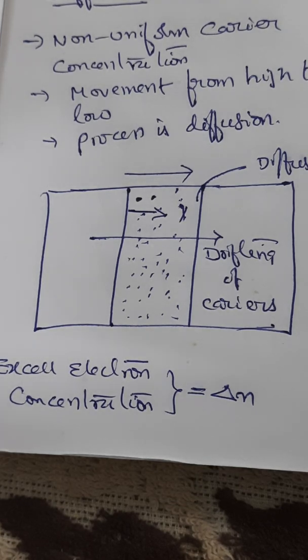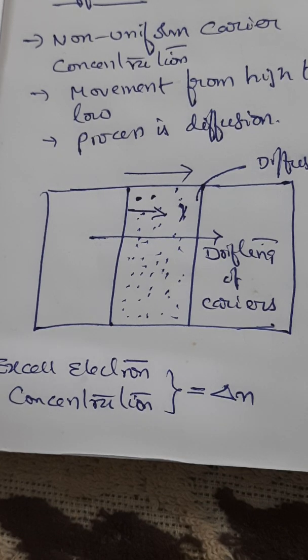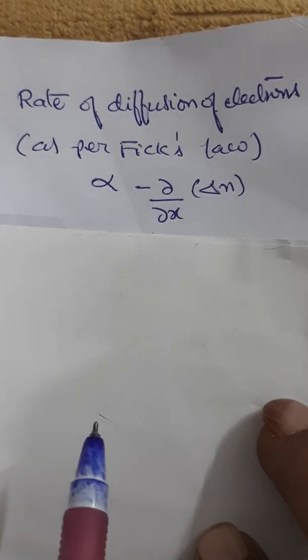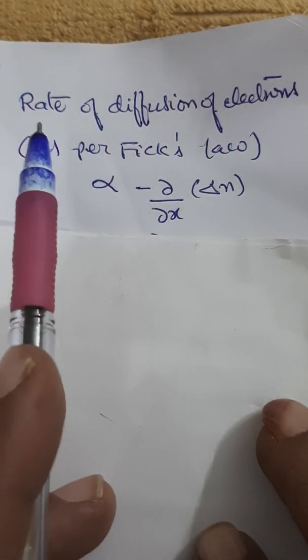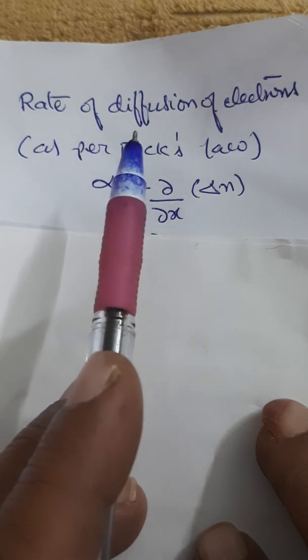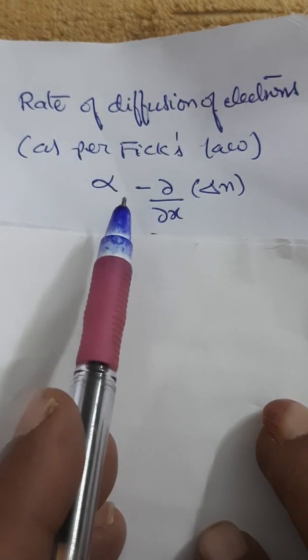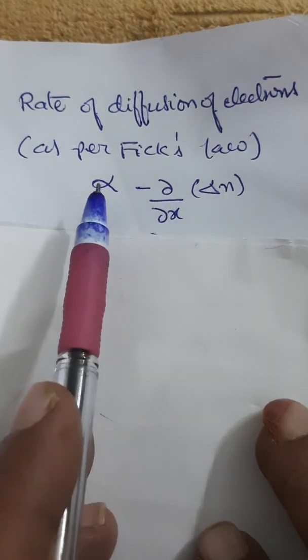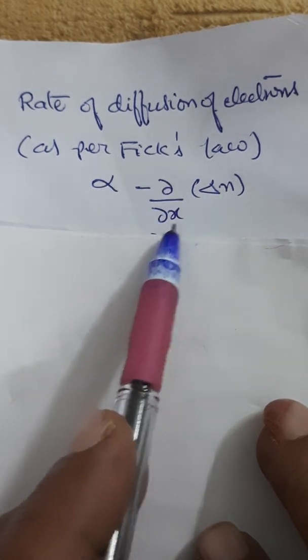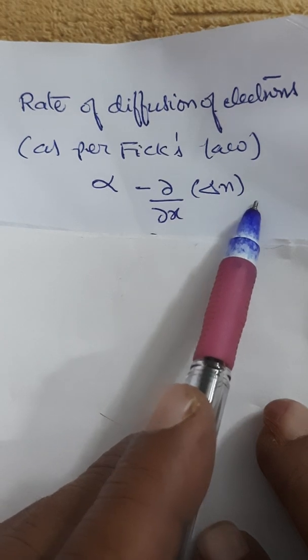According to Fick's law, if the excess electron concentration is delta n, the rate of diffusion of electrons is directly proportional to the partial derivative, that is, proportional to minus dou by dou x of delta n.